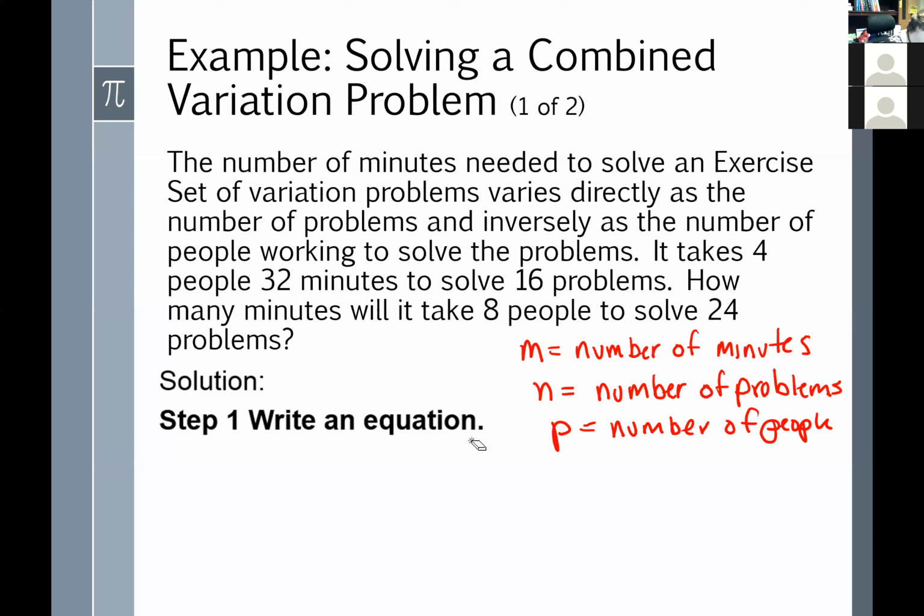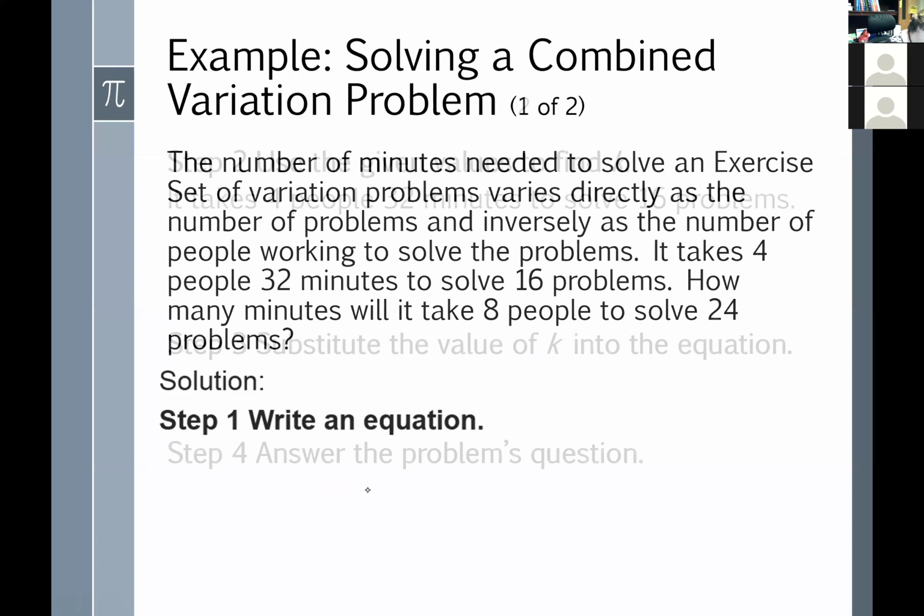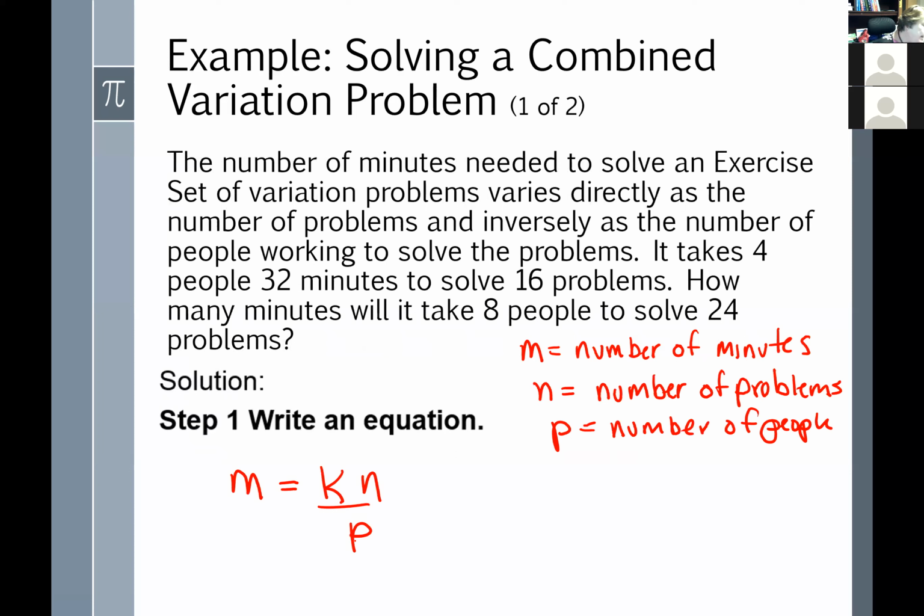The number of minutes needed to solve varies directly as the number of problems and inversely as the number of people. So we have M equals Kn over P. And they tell me it takes 4 people 32 minutes to solve 16 problems.